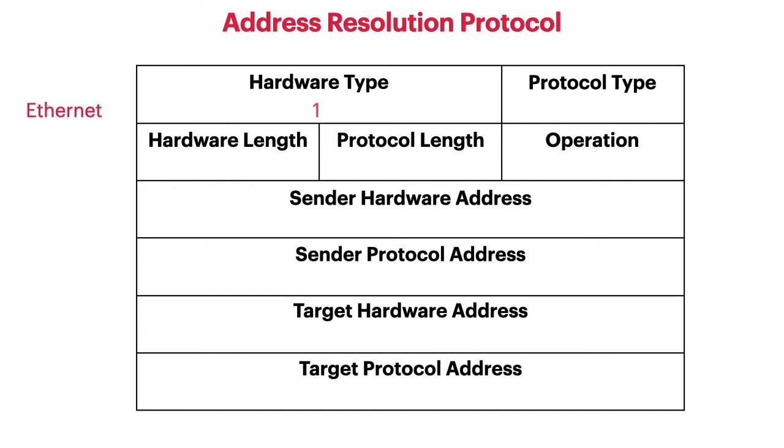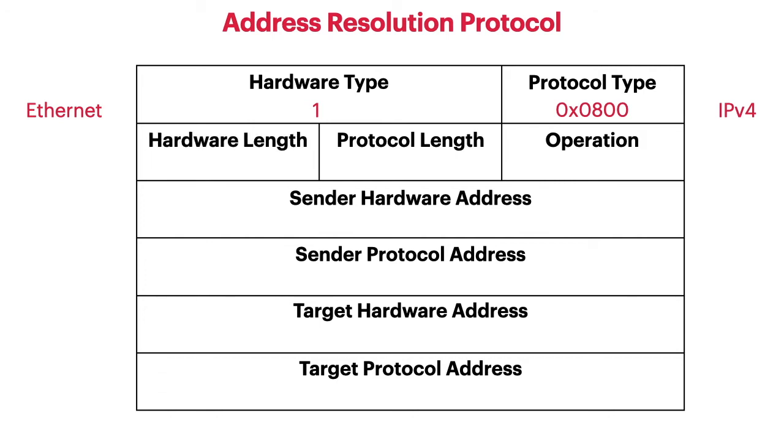For Ethernet, it is set to 1. Address resolution protocol can be used on any physical network. Protocol type is also 16 bits in length and defines the protocol that is being used. For IPv4, it is set to 0800, represented in hexadecimal format.